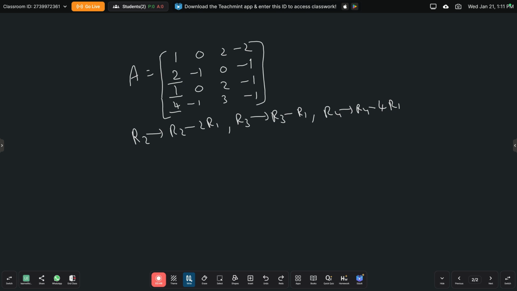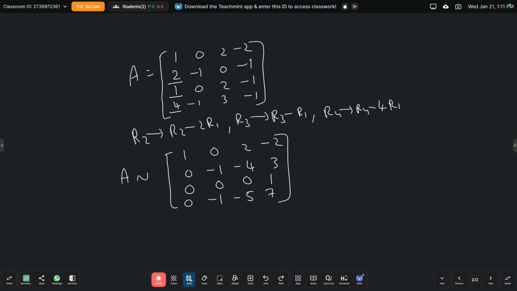By applying these three operations, the matrix will change into: first row as it is 1, 0, 2, minus 2; second row 0, minus 1, minus 4, 3; third row 0, 0, 0, 1; fourth row 0, minus 1, minus 5, 7.